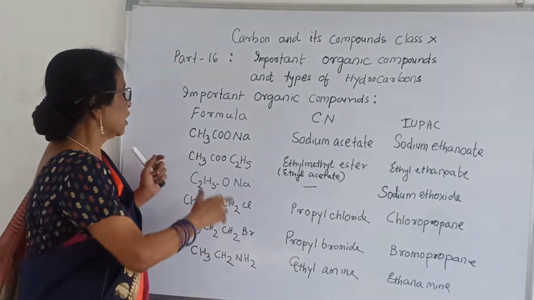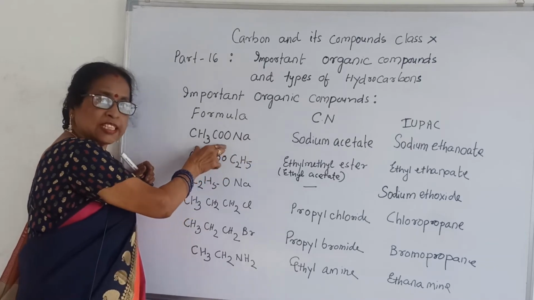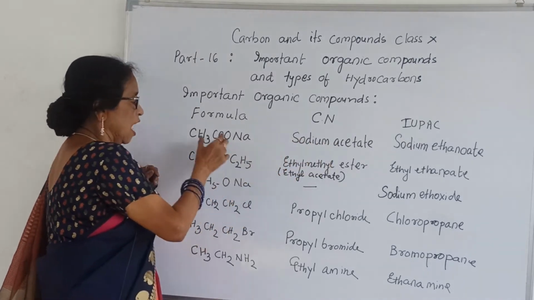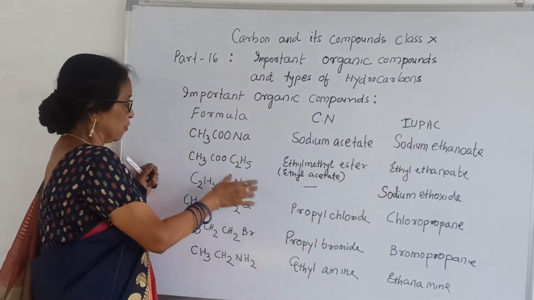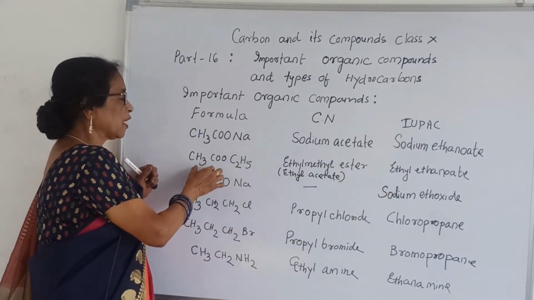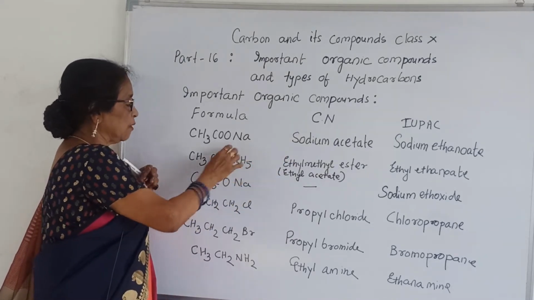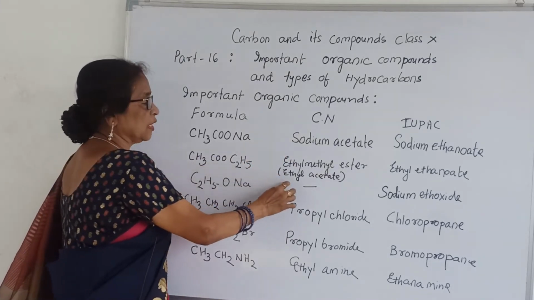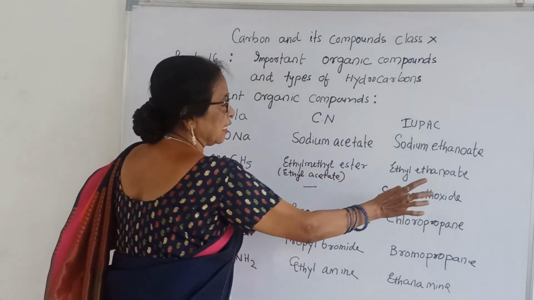Again, CH3COONa. According to the common name, this is from acetic acid, so sodium acetate. According to the IUPAC name, this is from ethanoic acid, so sodium ethanoate. And this is ethyl methyl ester. But again you can write ethyl acetate, from acetic acid. And this is from ethanoic acid, so ethyl ethanoate.